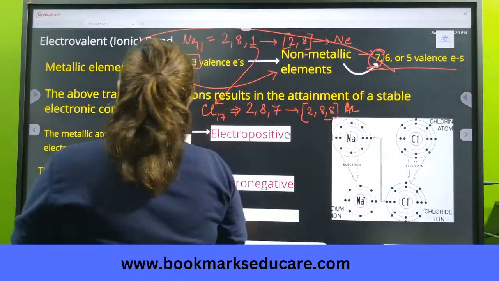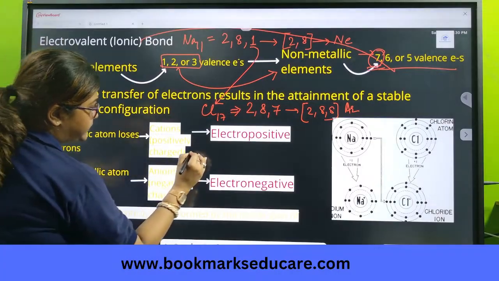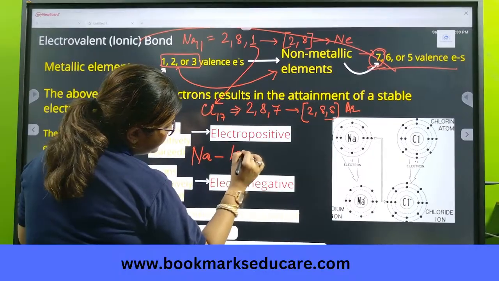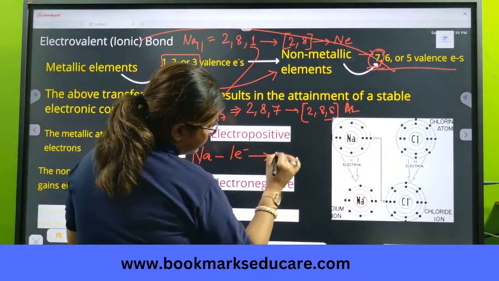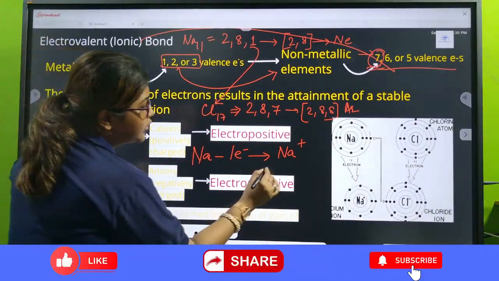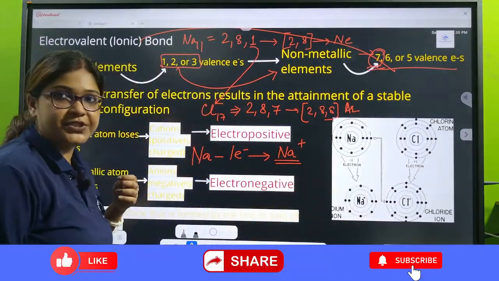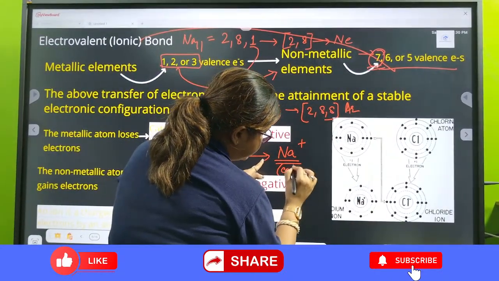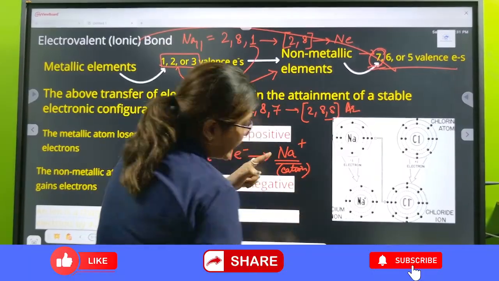Suppose sodium loses one electron to become Na plus. This is a positively charged ion, known as a cation.